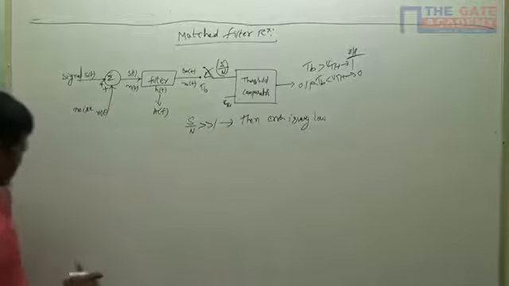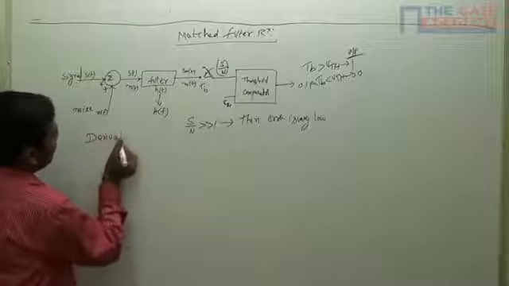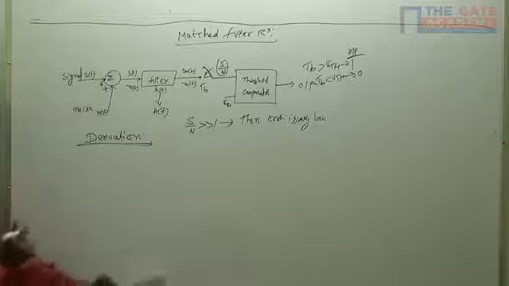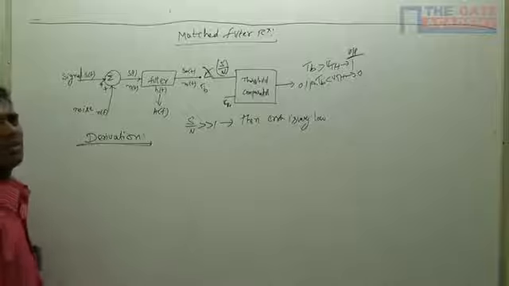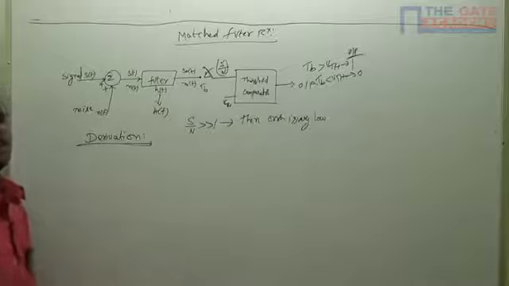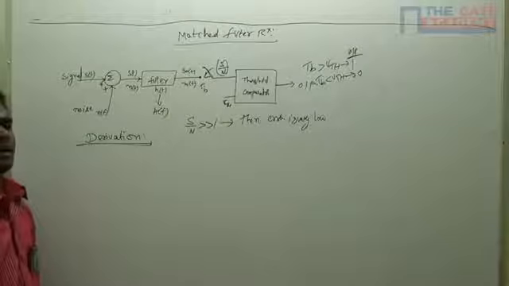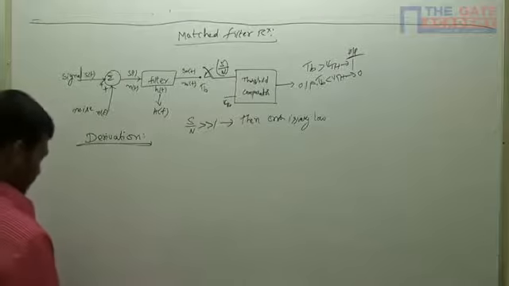So how do we derive this signal to noise ratio? Derivation is not that important in this case, but I am deriving how we get it. It might be useful in interviews, like PSU interviews or after getting a GATE rank, when you apply for IITs and IISc, some of which hold another exam and an interview.